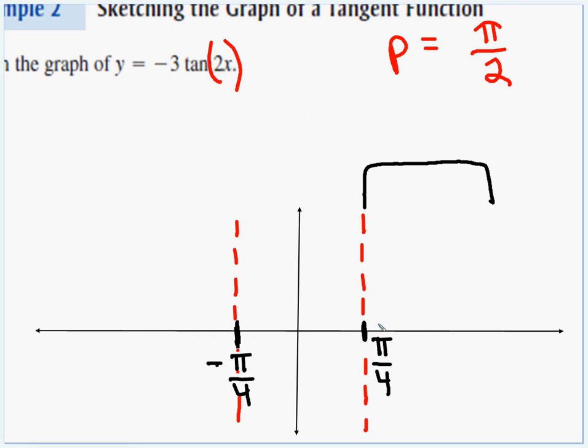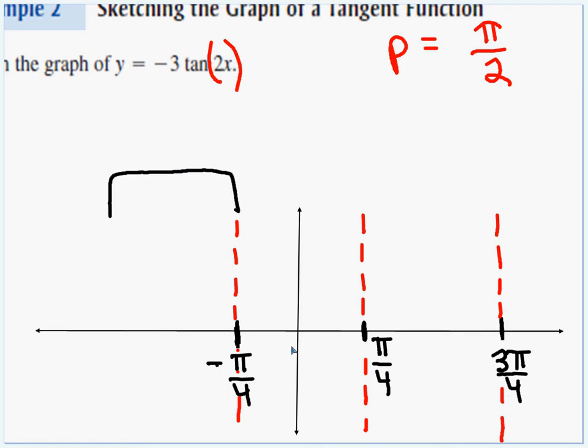If I'm at quarter pi and I jump half pi, 1/2 plus 1/4 is 3/4 pi. Here's another vertical asymptote. And we can jump this way. If we're at negative quarter and we jump half pi to the left, that'll take us to negative 3/4 pi. And we've got another vertical asymptote.